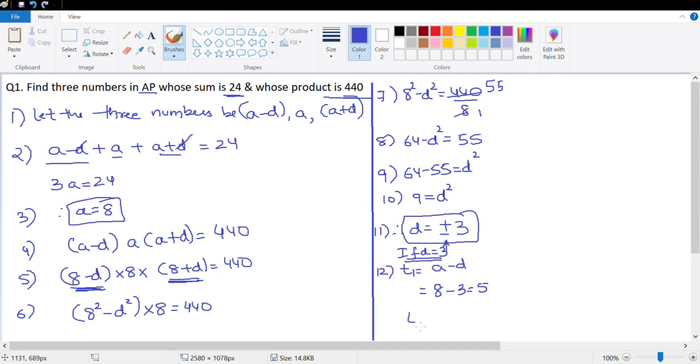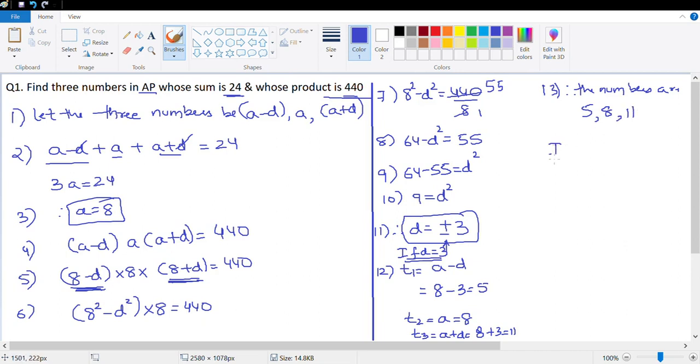T2 is equal to a, which is equal to 8, and T3 is equal to a plus d, which is 8 plus 3, my mistake, that's 11. So therefore the numbers are 5, 8, 11.